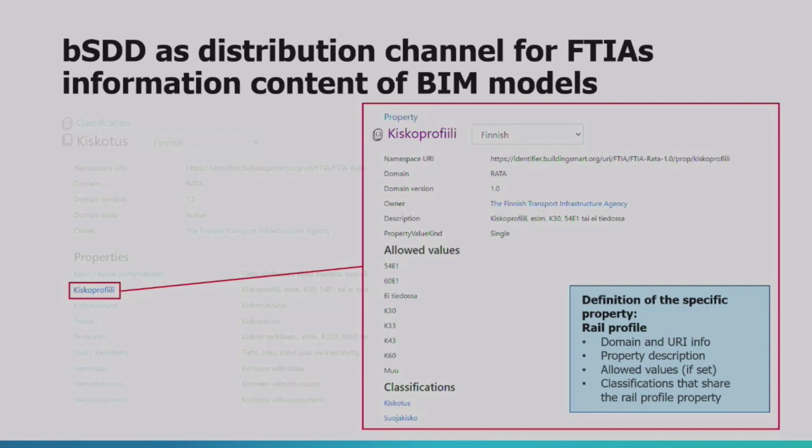So at property level, we can see the property name, domain and URI info again, property description, allowed values if any are set, and also the classifications that share this specific property, like at the bottom of the picture under the classifications. So two different classifications have this rail profile property.